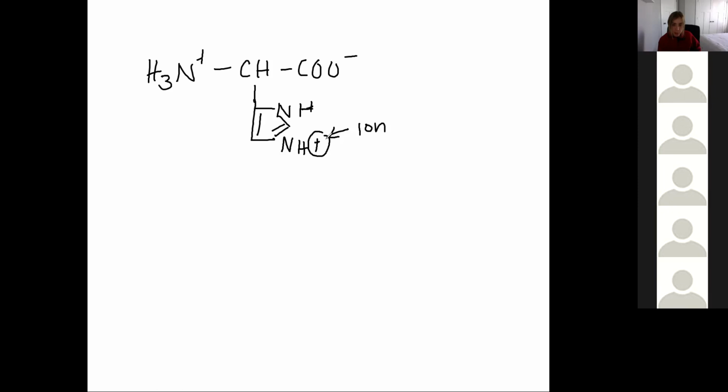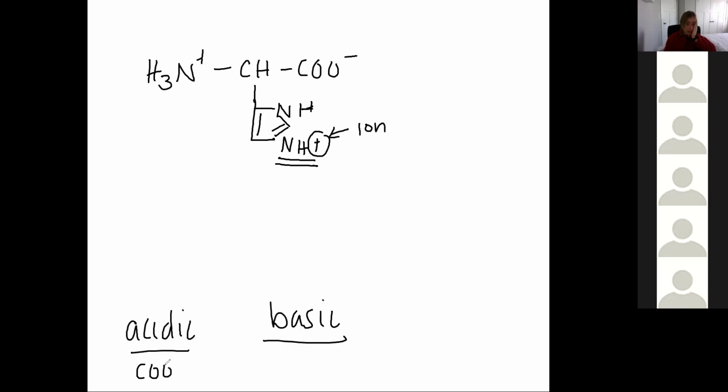So it's positive here. We have to determine if it's acidic or basic. Also, please look at these groups. What makes up histidine? Nitrogen. And what did we say makes an acidic versus a basic amino acid? Right? So don't let this fool you. This is technically polar, but is it neutral?